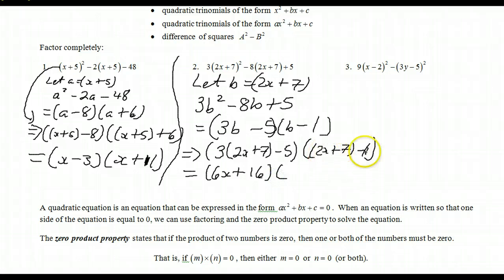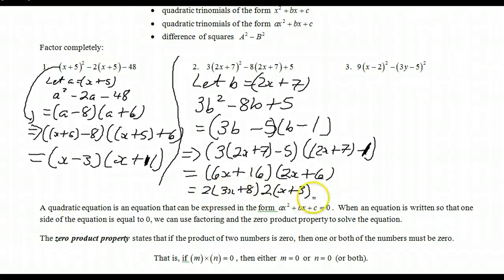And here, that's a 1, so we've got 2x plus 6. Common factor here, they're both even, so 2 goes into that, giving me 3x plus 8. And here, 2 goes into that, giving me x plus 3.